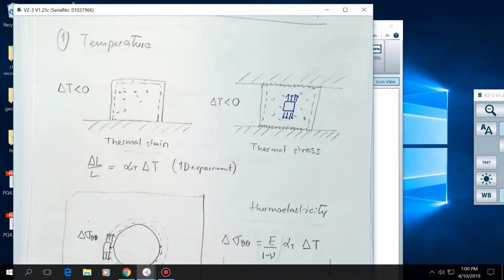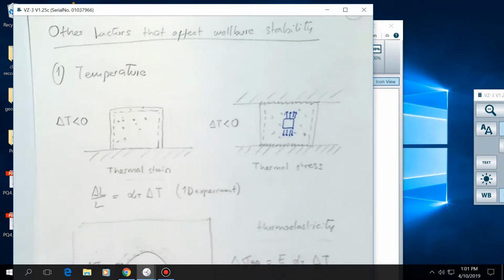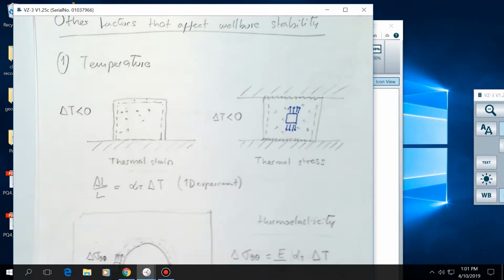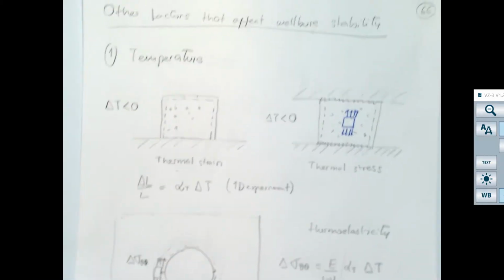Okay, so the last topic that we have to discuss is about strength anisotropy. But before we do that, let's go through a quick review about other factors that affect wellbore stability.